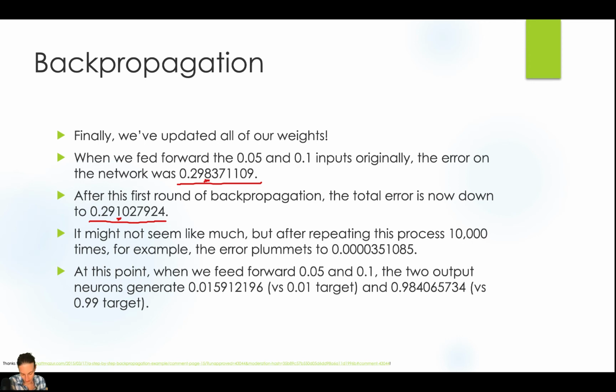It might not seem like much, but when you repeat this process 10,000 times, the error plummets to a very low number. At this point, when we feed forward 0.05 and 0.1, the two output neurons generate outputs very close to the targets. And that is exactly what we want to achieve when we optimize or train our network. So in this example, gradient descent works very well for us.